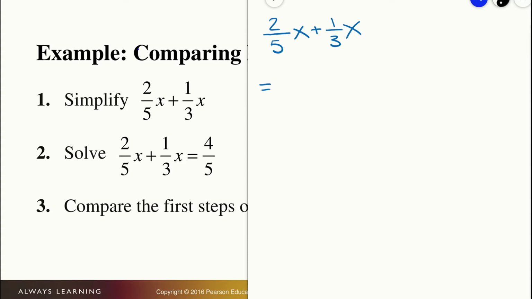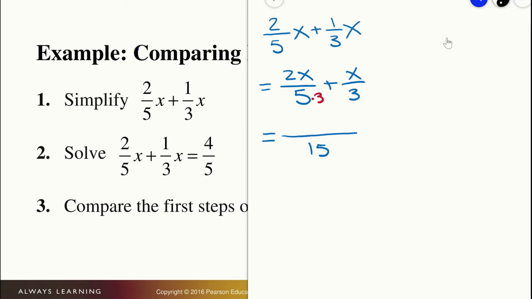So basically, we notice that we can simply think of this as 2x over 5 plus x over 3. Now we need the LCD, which is 15. And now what we're going to do is we're going to turn each of these denominators into 15, right? So for 5, we need to multiply it by 3.